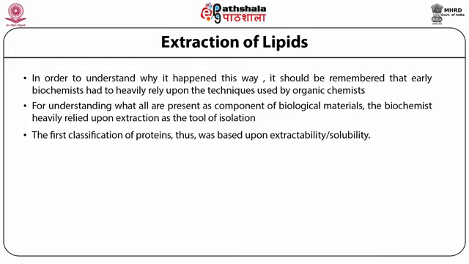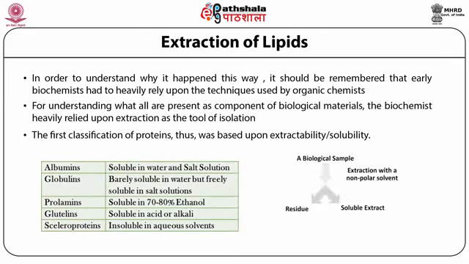Thus, as you see in the slide, the classification of the proteins in those days consisted of albumins, which were soluble in water and salt solution, globulins, which were barely soluble in water but freely soluble in salt solutions. Prolamines were soluble in 70 to 80% ethanol. Then there were glutelins, which were soluble in acid or alkali. Finally, there were scleroproteins, which were insoluble in aqueous solvents.